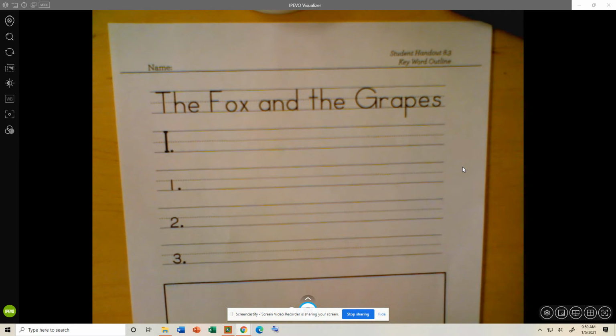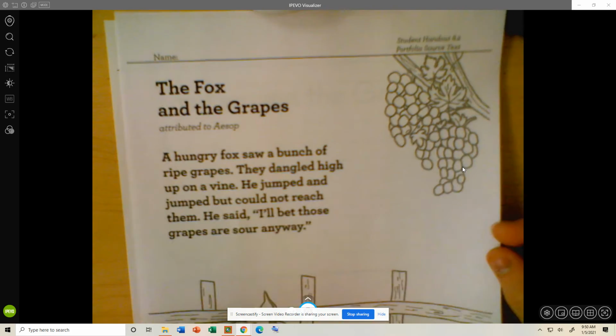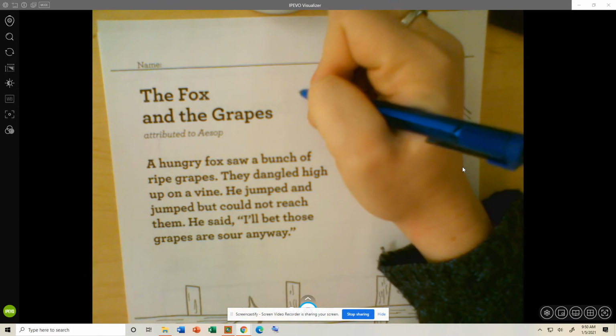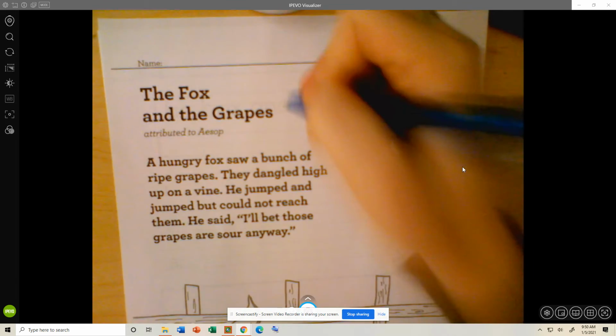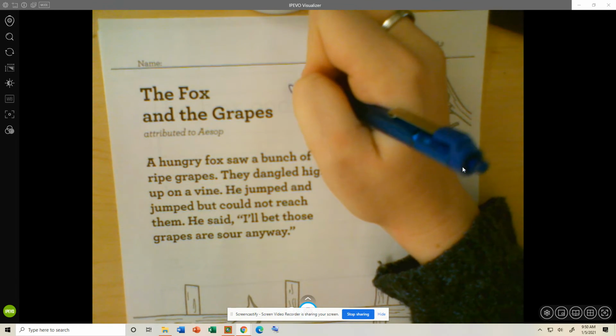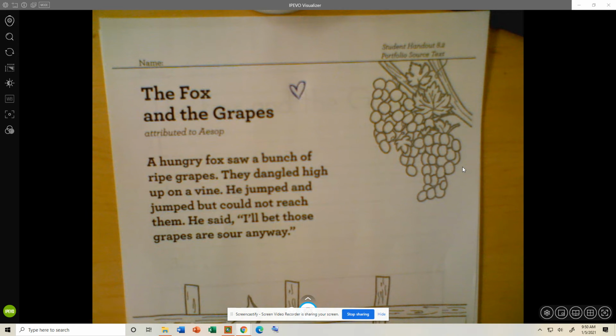Now, if we want to use a symbol, let's imagine the sentence said, Miss Caldwell loves her sister Mandy, okay? There's a lot of important words in there, right? Loves, Miss Caldwell, sister, and then my sister's name, Mandy. Well, that's 4. But I could use a heart. What word would the heart symbolize? Easton? Loves, right? So symbols don't count, okay?